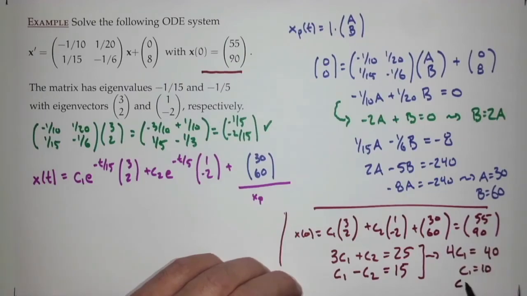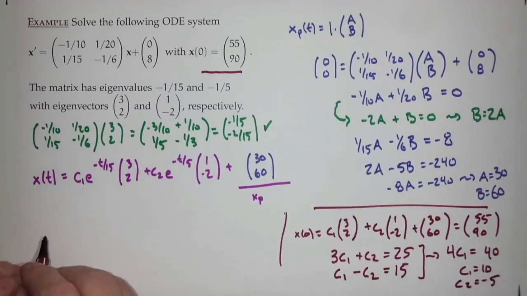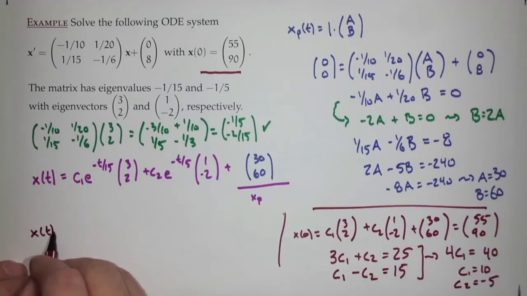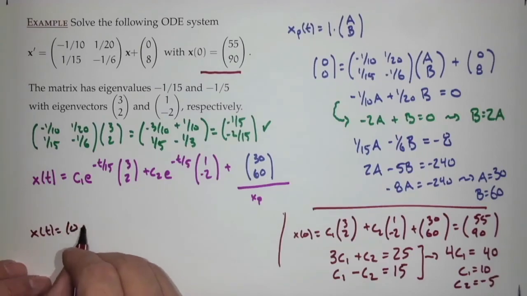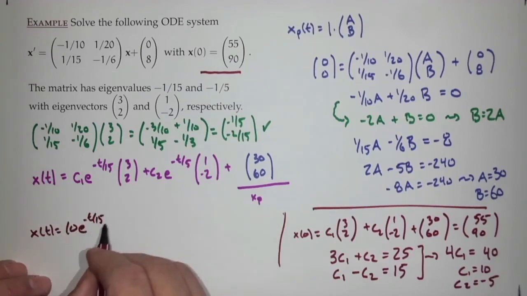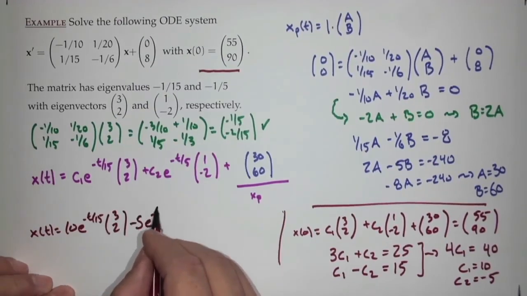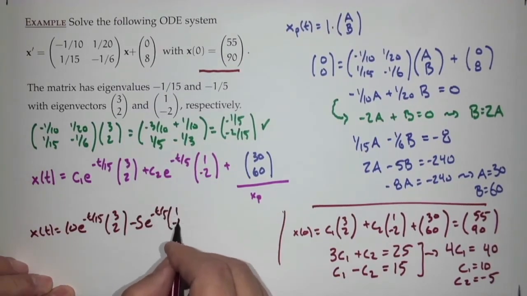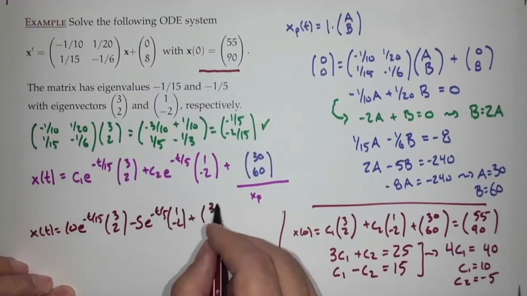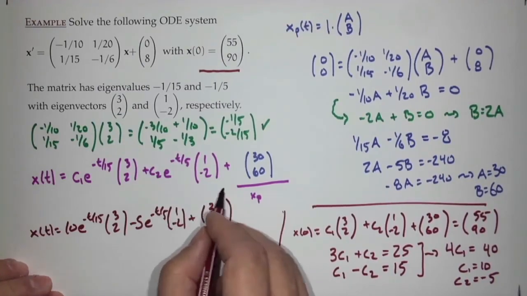What is c2? c2 has to be negative 5. So our final answer is 10 e to the minus t over 15 times 3, 2, minus 5 e to the minus t over 5 times 1, minus 2, plus 30, 60. And so we can solve.